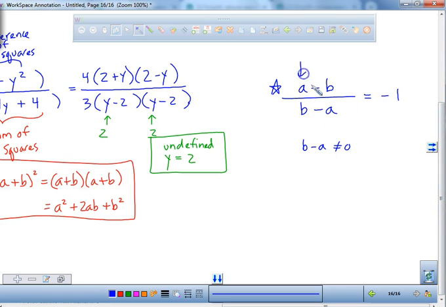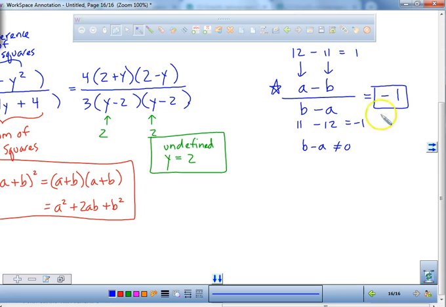Give me a number for a. 12. Give me a number for b. 11. So right now, what is 12 minus 11? 1. If I switch it, I put 11 minus 12, what's that equal to? That's equal to -1. 1 divided by -1 will always equal a -1.